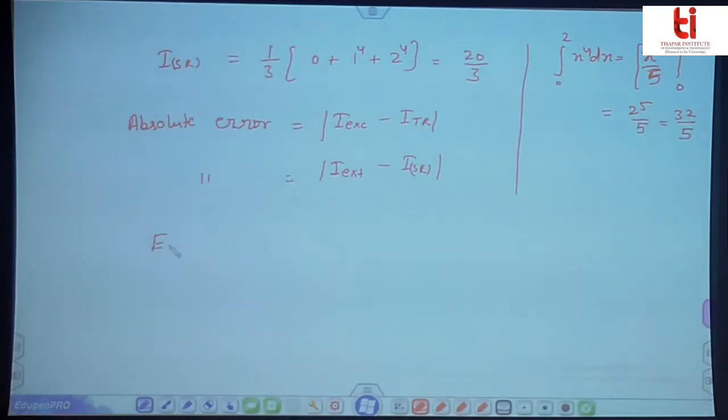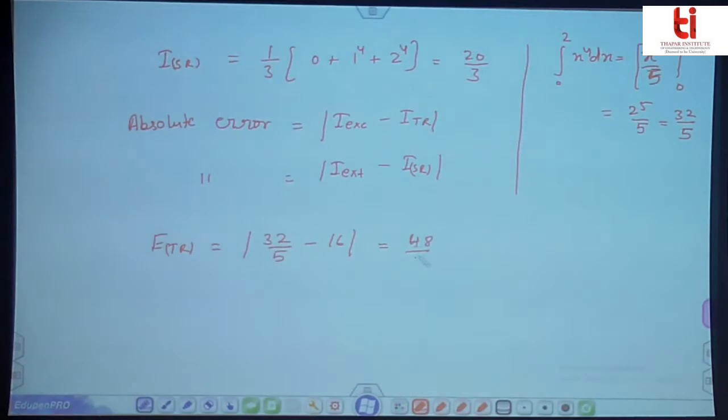So the absolute error by the trapezoidal rule is 32 upon 5 minus 16. This is the error we are getting, that is 48 upon 5.